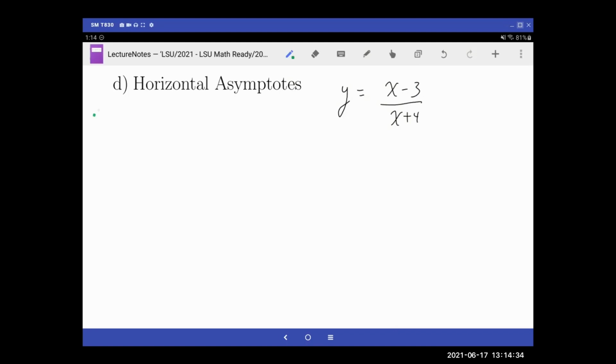You look at the degree, or the highest exponent, of the top. If the top has the largest exponent on the variable, then there's no horizontal asymptote.